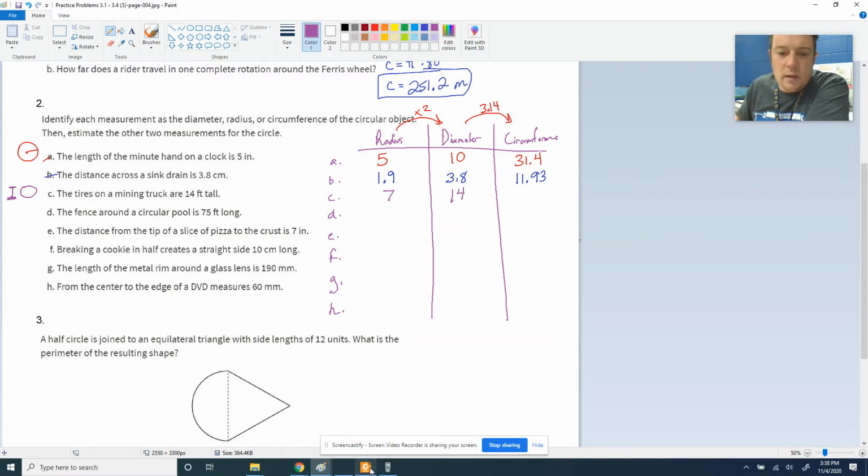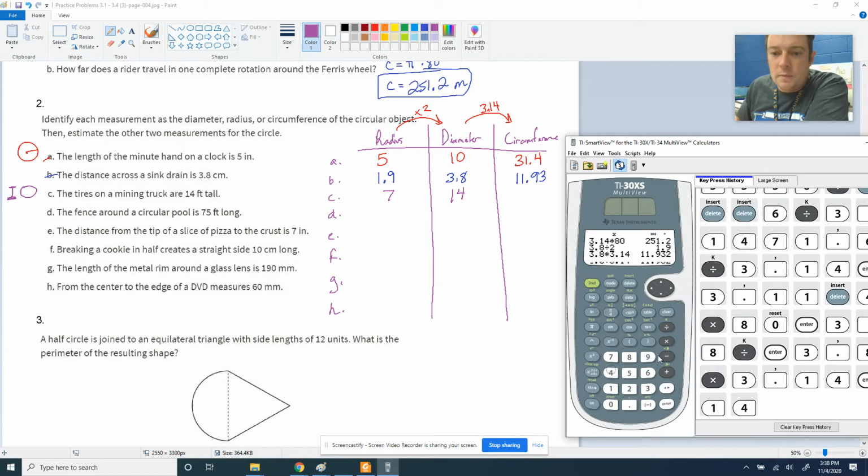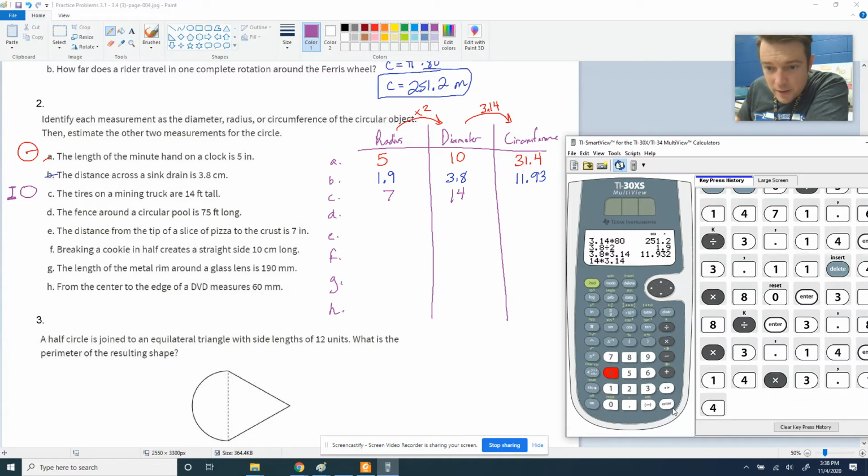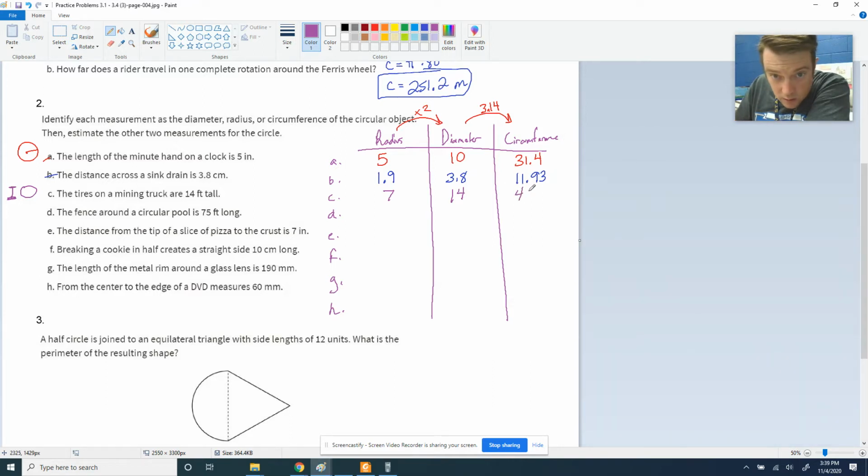And to get my answer, I got to do for the circumference 14 times pi. So 14 times 3.14. Okay. That's 43.96. So 43.96.